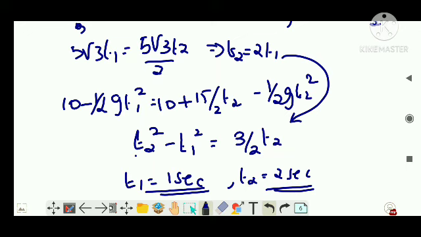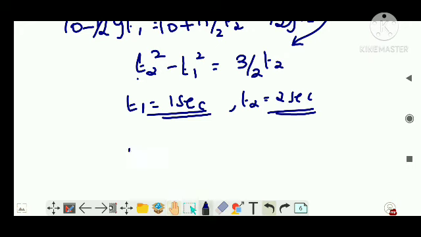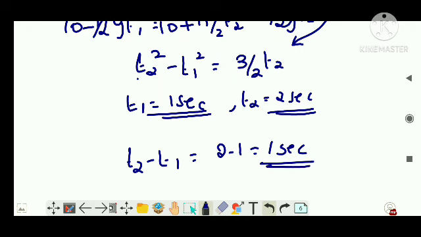This much clear? You are asked the difference in time interval of the two shots, that is t2 minus t1. That is 2 minus 1, which is 1 second, the difference between the time intervals. Clear?